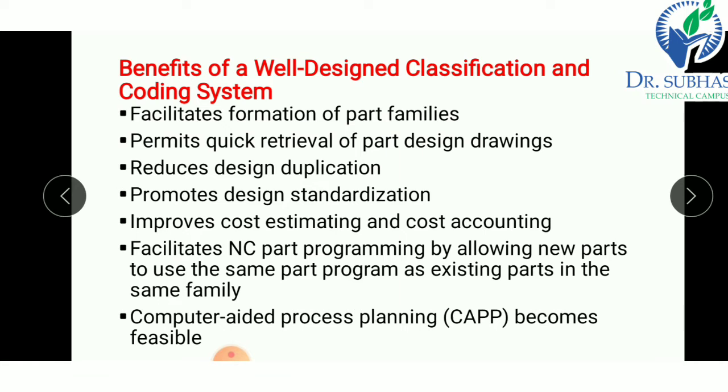After giving a coding system to all the components, we can easily form part families. If we have a very good coding system, then the formation of part families will become easy.